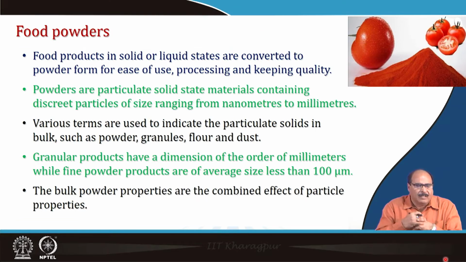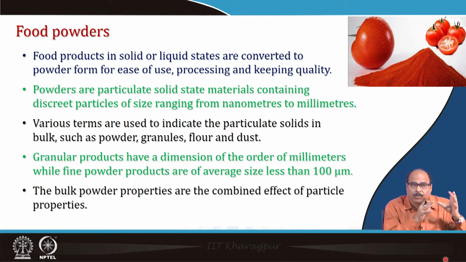Food powders. As we have seen in the earlier class, where we were discussing drying and dehydration, the juices, fruit juices and fruit pulp are basically in the liquid state, or sometimes the materials are in the dried state, like dehydrated fruits, maybe in the form of thin or thick slices.